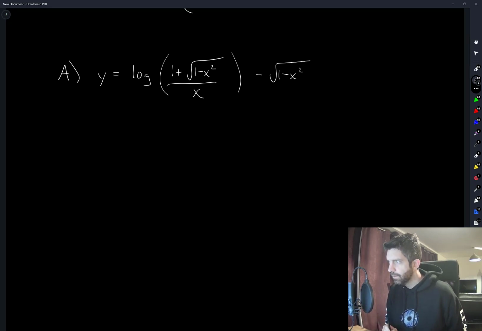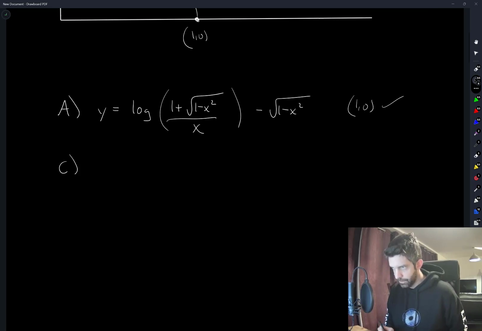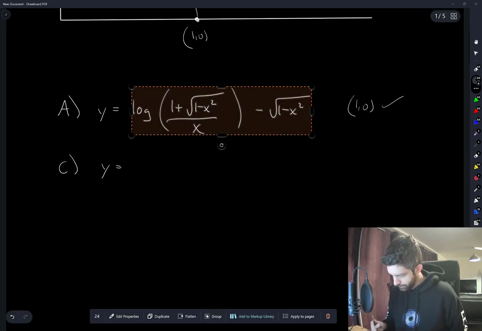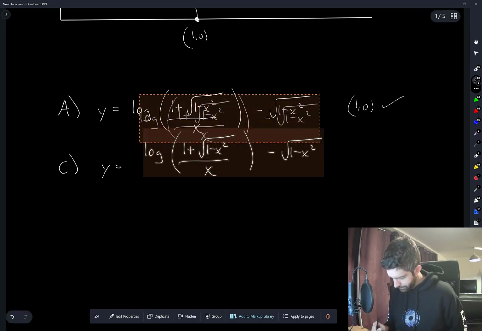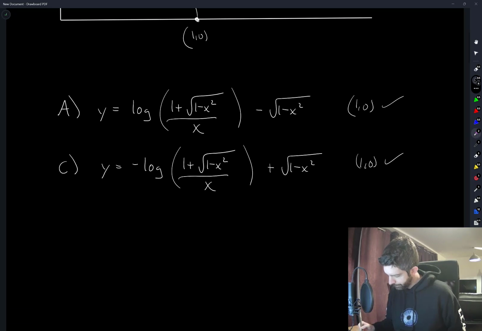When x is equal to 1, that's gone, so that's 0, and that's 0. Yeah, okay, so that works. And for option C, we just have the negative of what's written here, and so naturally, this point is also on the curve.